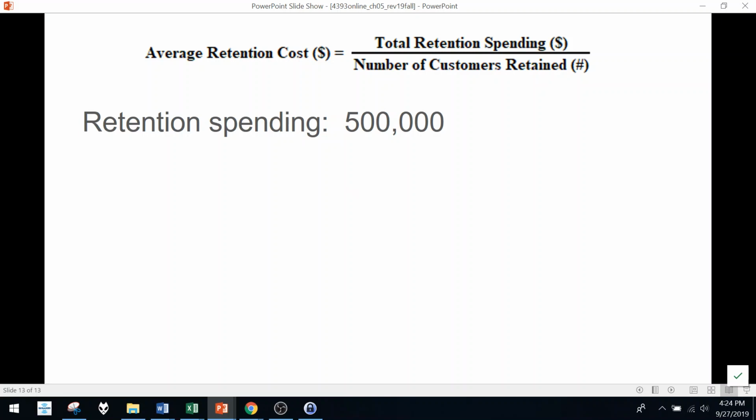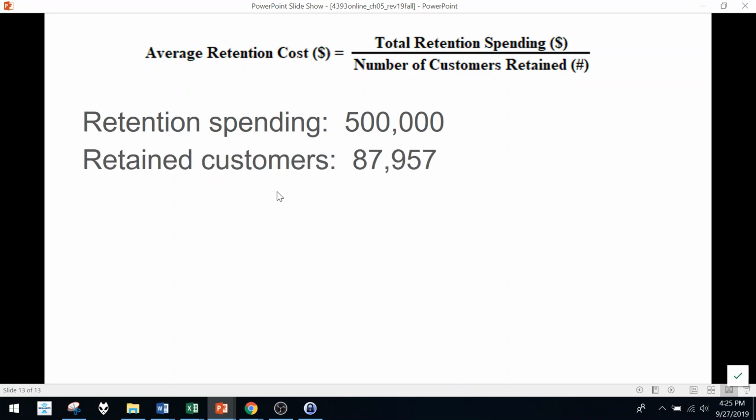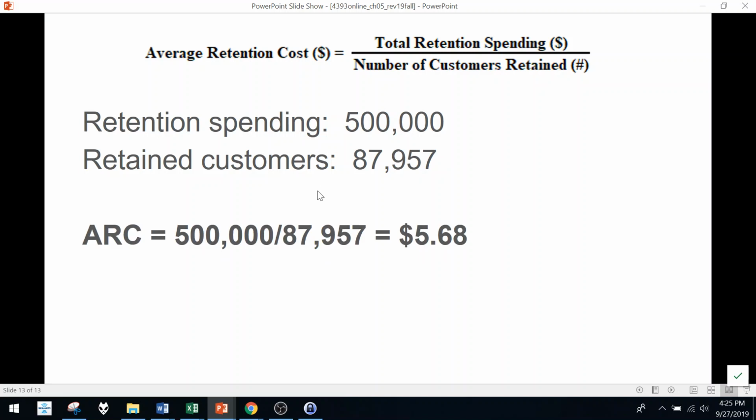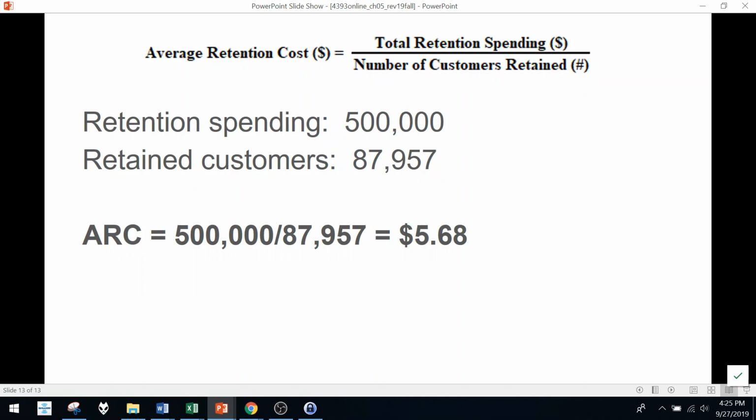They spend $500,000 on retention. We know that we've retained almost 88,000 customers. Our average retention cost then becomes $5.68. It's simply this number divided by that number per that formula.